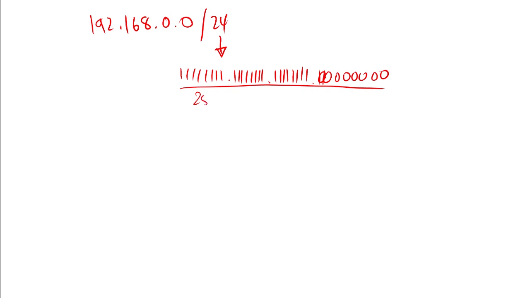Well, 255.255.255.0, or in other words, I have a block at the end. So this block is from 0 to 255. That's what's missing. And that's my network.